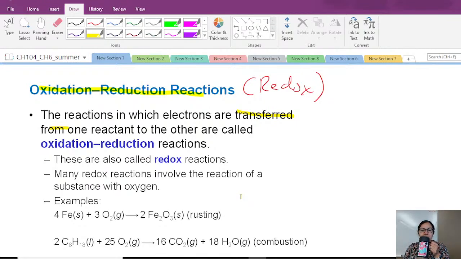Yeah, a non-metal and a metal, but what was a specific reaction? That's a good one, a more advanced one: zinc plus our copper sulfate. So that's one example of a redox reaction.